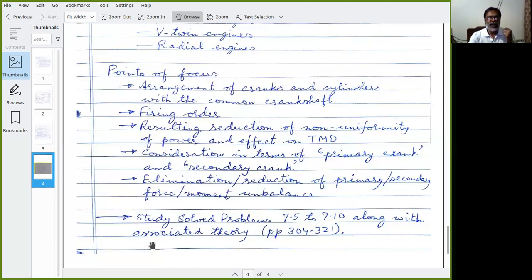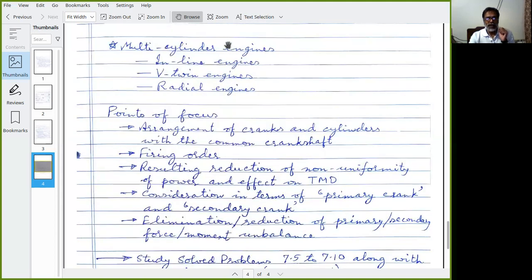So my advice is that you study the solved problems 7.5 to 7.10 along with the associated relevant theory. The same process is followed in most of them, with slight variations over these pages. So study the solved problems, and in the next lecture, along with balancing of linkages, if time permits, we will take up one example of one of these.